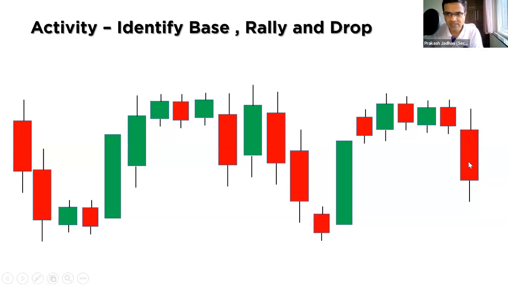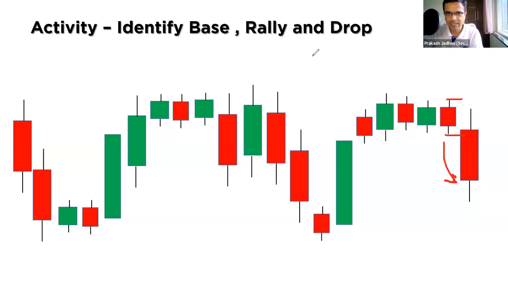So let's start with the candle on the right. Is this candle a rally, base or a drop? The rightmost candle, the CMP candle. You need to go here and see the range of the earlier candle, and this candle has closed below this.